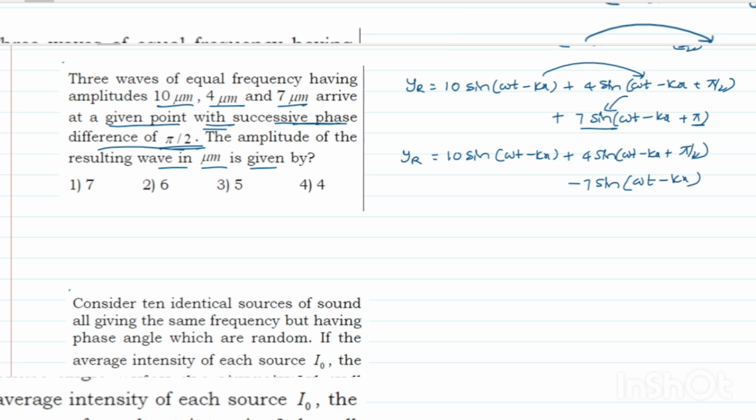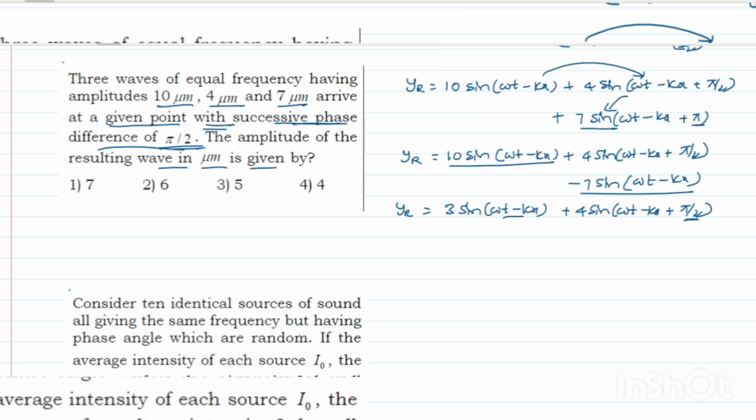Here this is 10 sine omega t minus kx, and this is minus 7 sine omega t minus kx. 10 minus 7 is 3, so 3 sine omega t minus kx plus 4 sine omega t minus kx plus pi by 2. These are the 2 waves. Now they are superimposing with a phase difference of pi by 2.